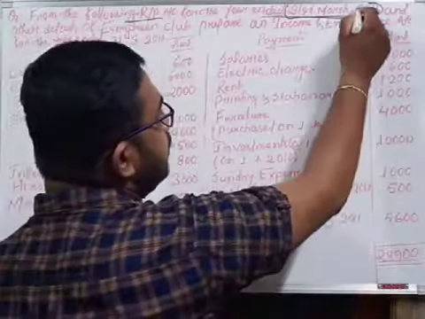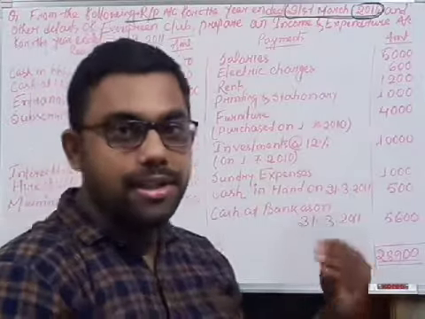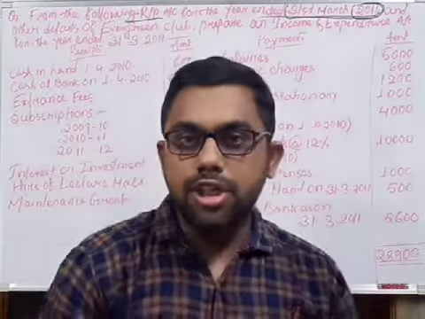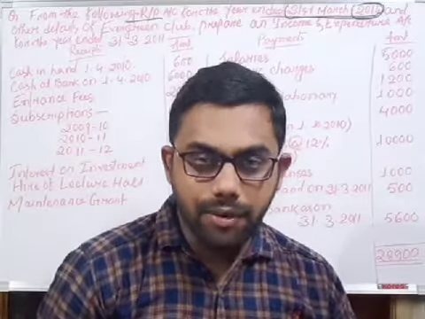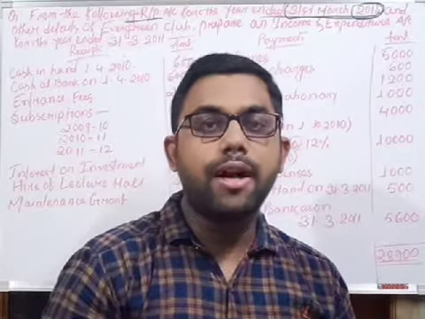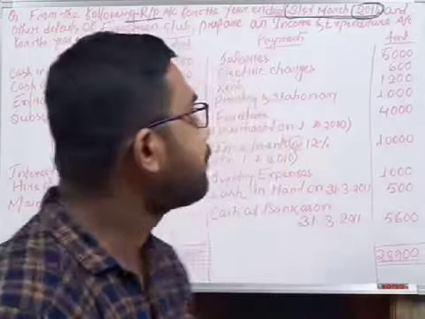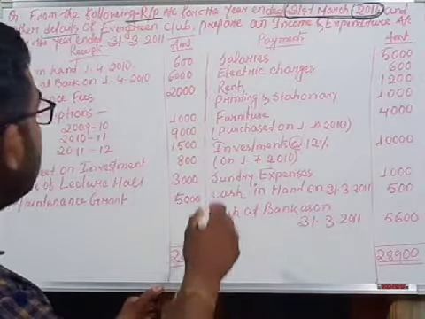As it is 31st March 2011, our financial year for the current question starts from 1st April 2010. So the current financial year is 1st April 2010 to 31st March 2011. Other details I will write after the question.